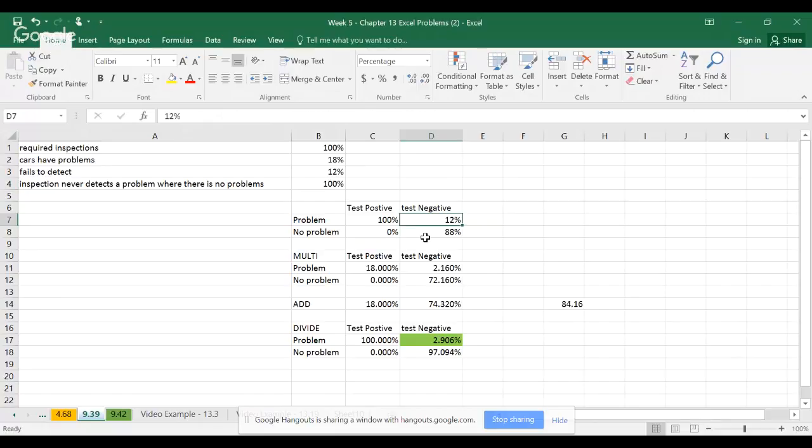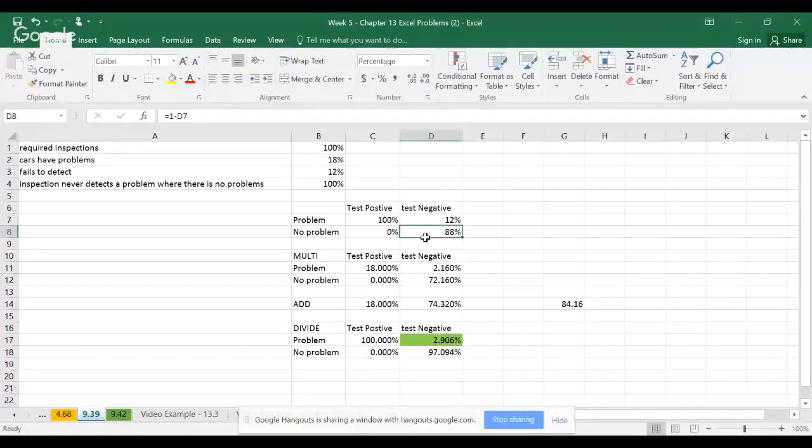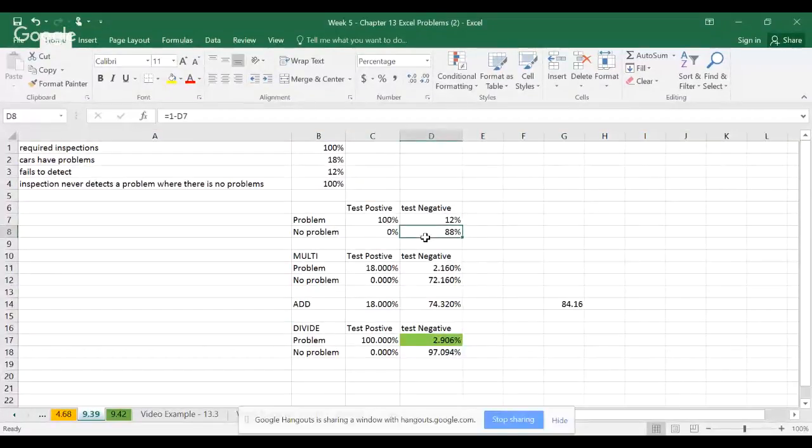That should be right. Okay, so test negative, and there is no problem 88% of the time. Fails to detect a problem 12% of the time. So test negative, and there's actually a problem. Test negative and no problem. No, we've done something wrong with the inverses.